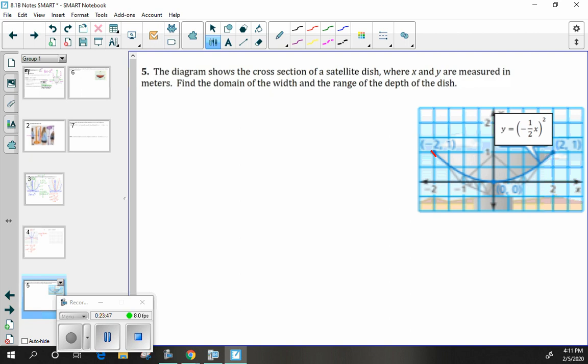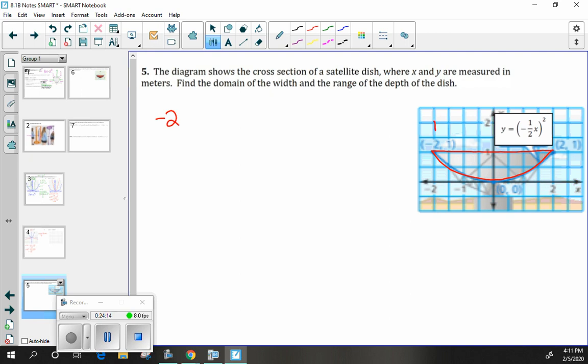This picture is a little hard to see, so what we have here is a satellite dish. The coordinates of those points are going to tell us our domain and range. So if I look at that, I can see my furthest to the left point on the x-axis is a negative 2.